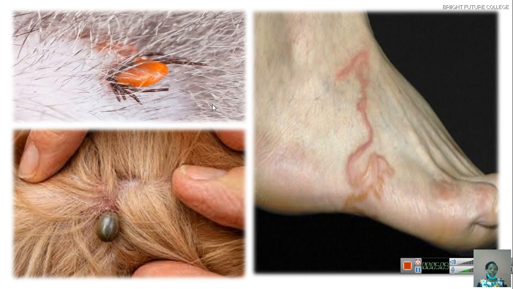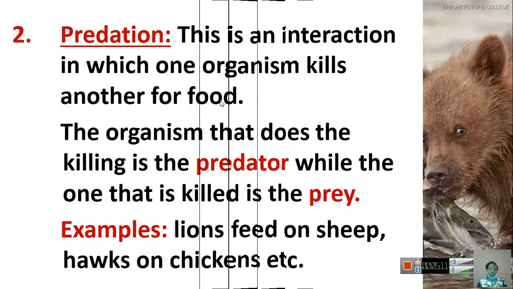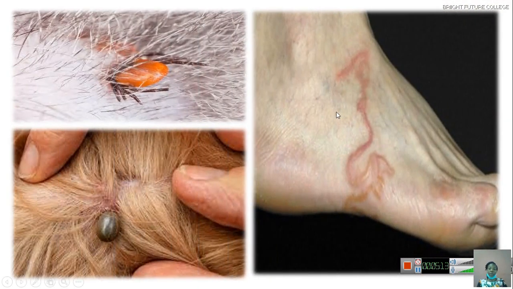A louse. Okay. Now, this is hookworm. Hookworm living inside the body of an organism. As you can see here, it is causing great harm to this particular person. Okay, you can imagine when you have hookworm living inside you. It's very dangerous.